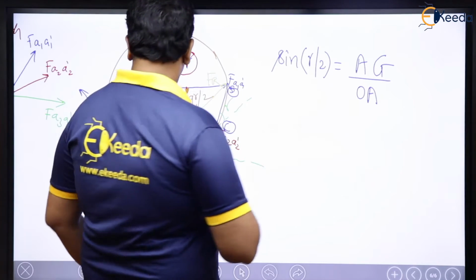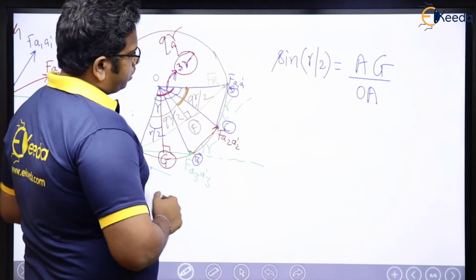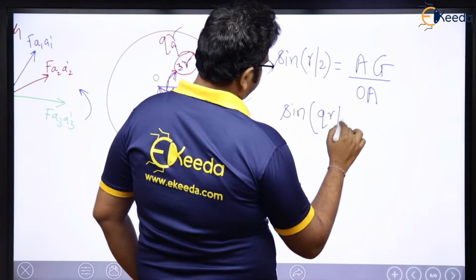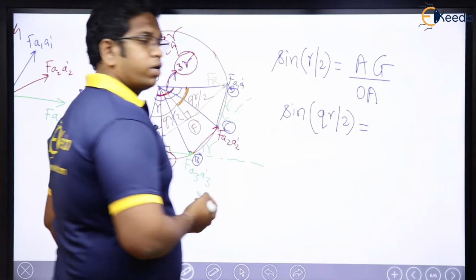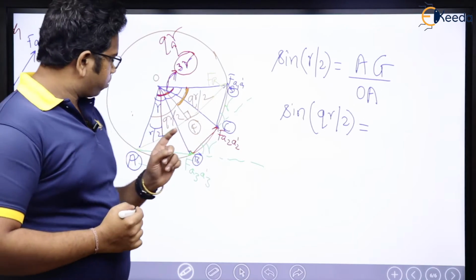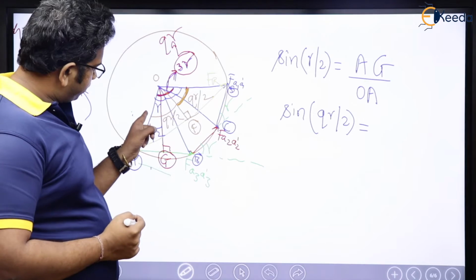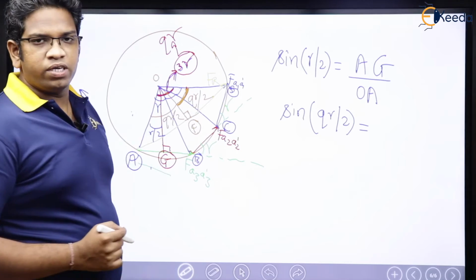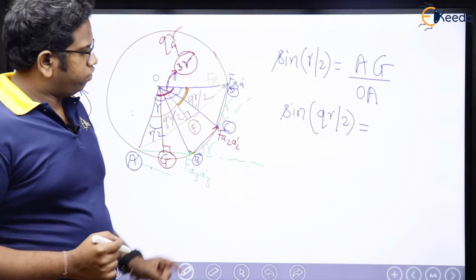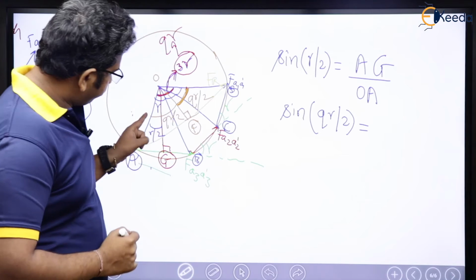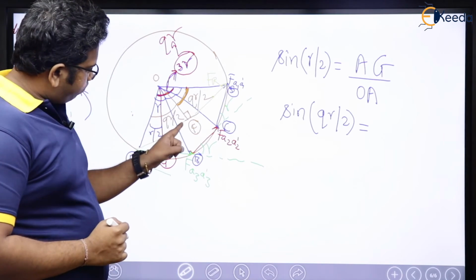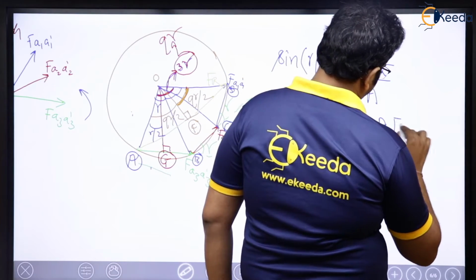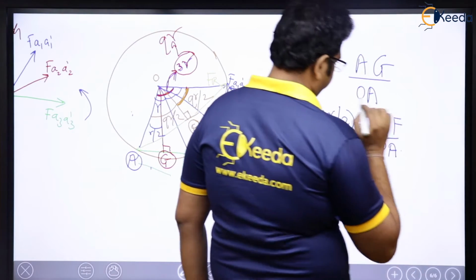Now let us think of sine Q gamma by 2. Angle AOF is Q gamma by 2. Now, let me apply sine Q gamma by 2: opposite is AF, upon OA.